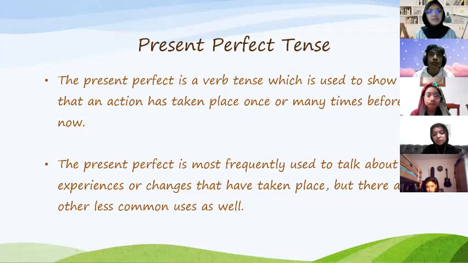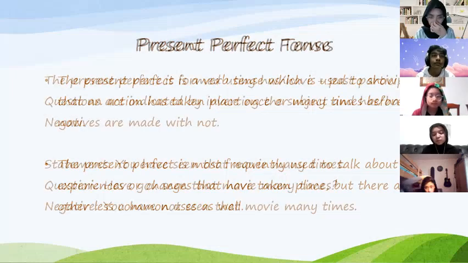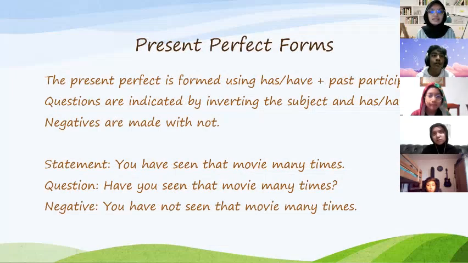It is most frequently used when you want to talk about experiences or changes that have taken place, but there are also other less common uses as well. When you use present perfect forms, you need to use has or have, depending on whether it is singular or plural, and add a past participle.